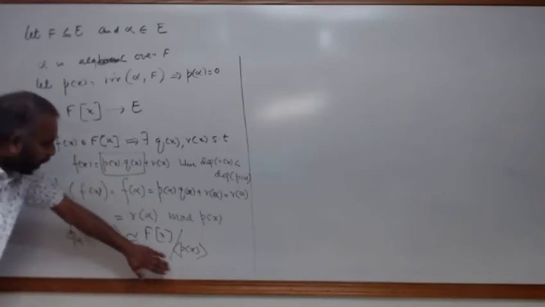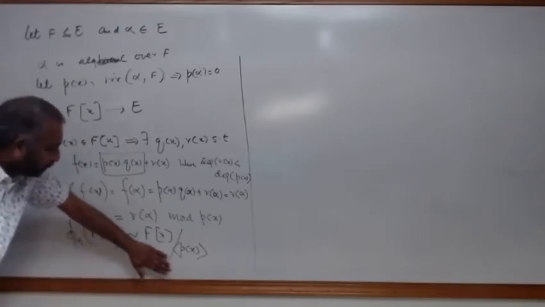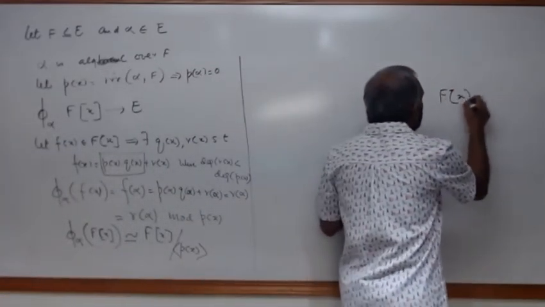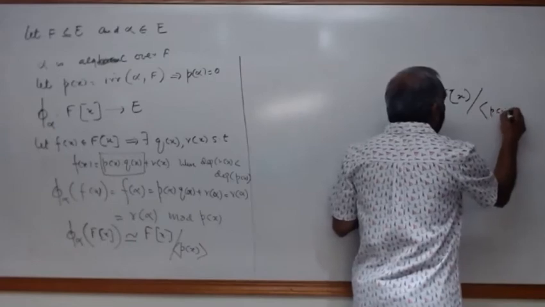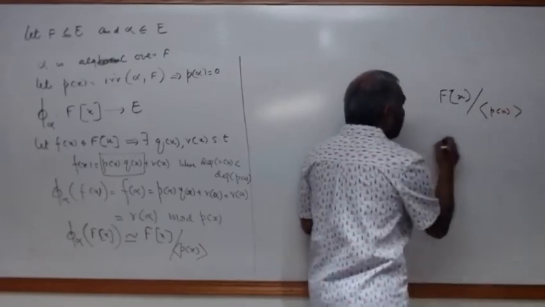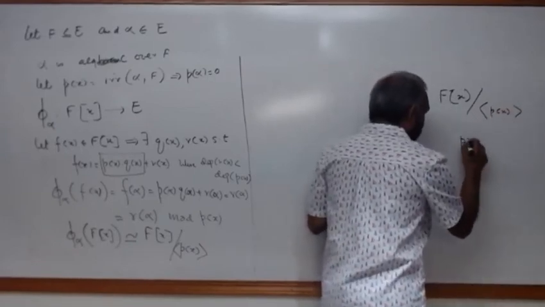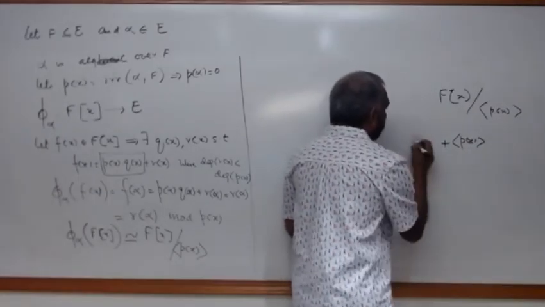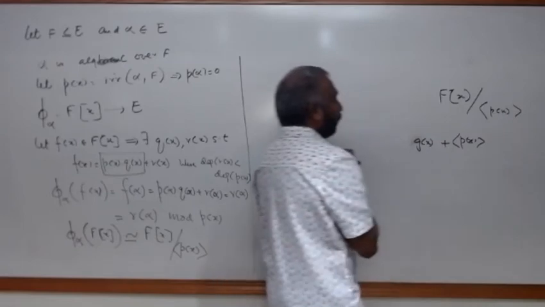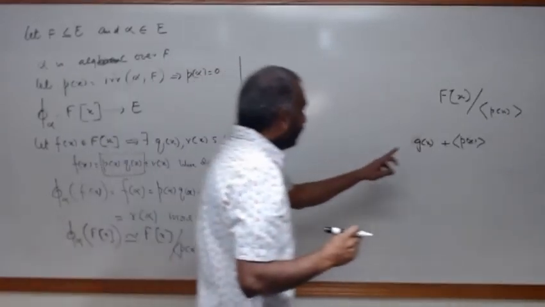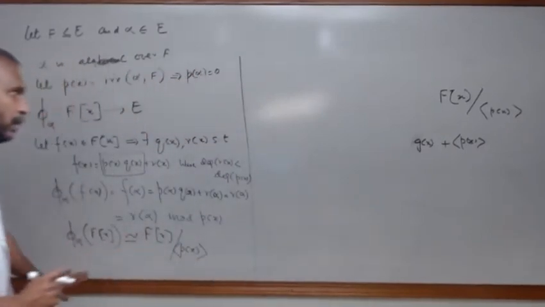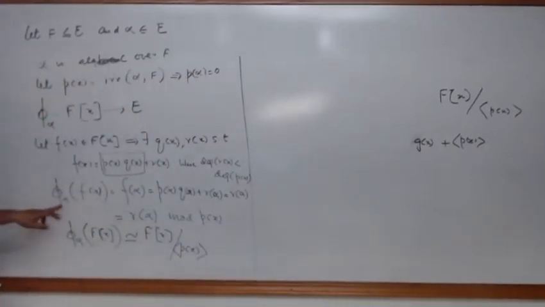So you see, what are the elements of f of x over P of x? They are P of x plus some function, and the degree of this is less than the degree of P of x. So that is exactly what is happening here.